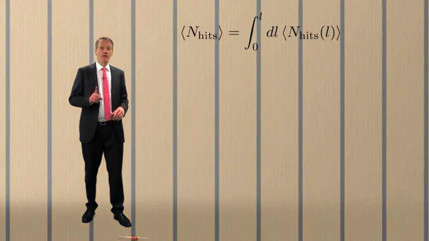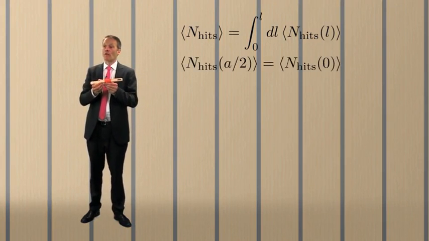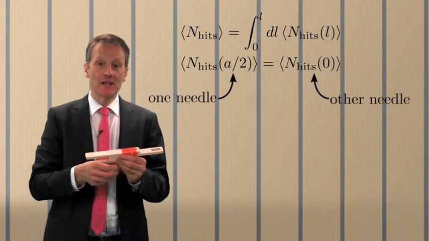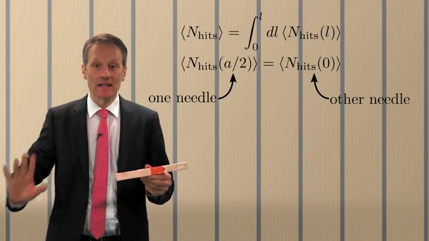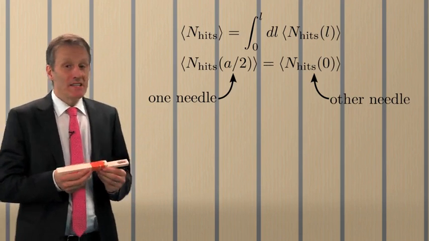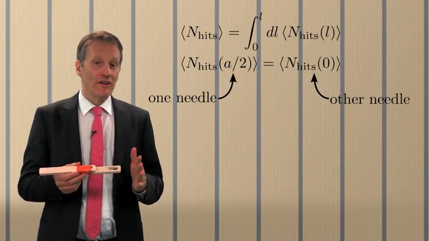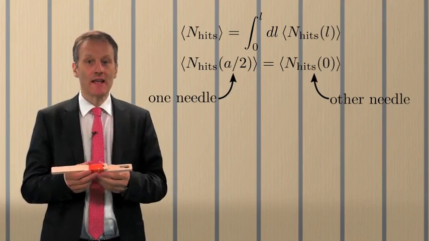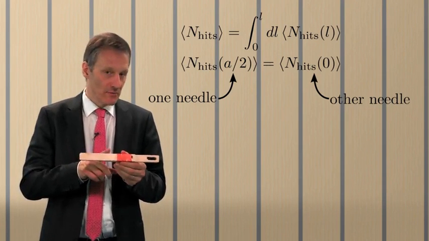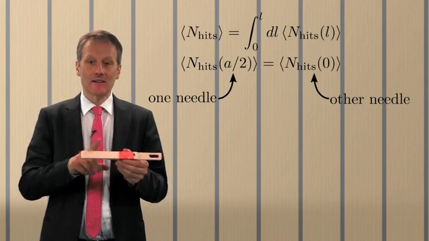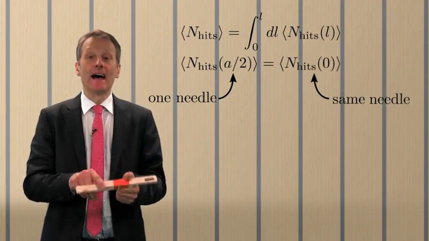You see that the number of hits at the tip of one of the needles must be equal to the number of hits at the center of the other needle. But because these needles are equivalent, we have proven, more or less, that the probability or the mean number of hits at the center must be equal to the mean number of hits at the tip.